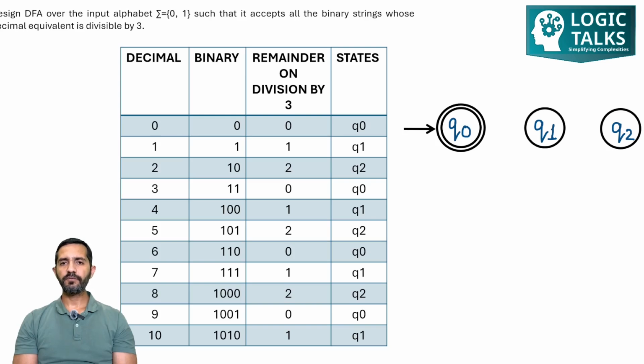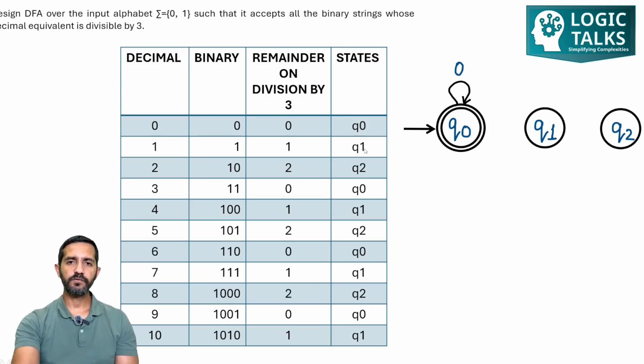Whenever we have input 0, it should remain on state q0 itself. So for this we have made a loop. Whenever we divide 0 by 3, the remainder is always 0.